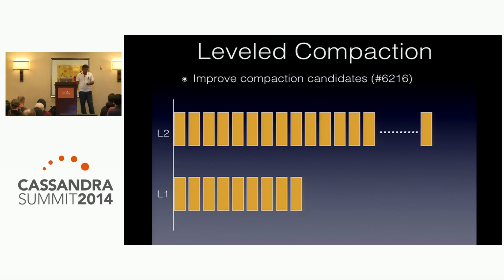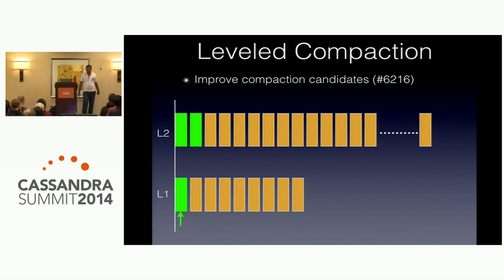So what happens in Cassandra is you logically sort the SS tables by the token, pick the first SS table in the level which is eligible for compaction, find all the overlapping SS tables in the level above it, in this case L2, and you will compact.